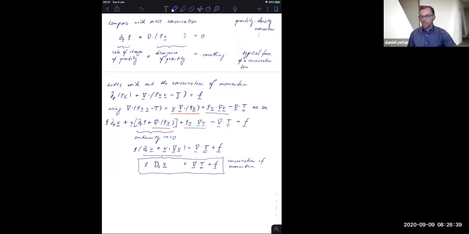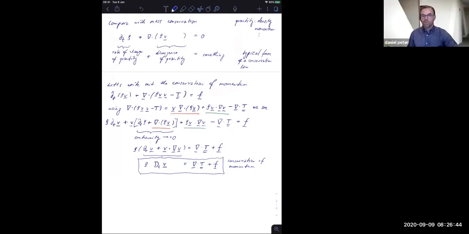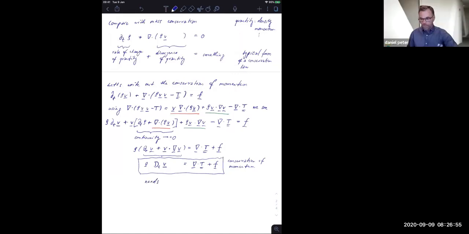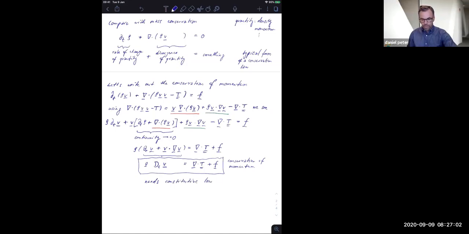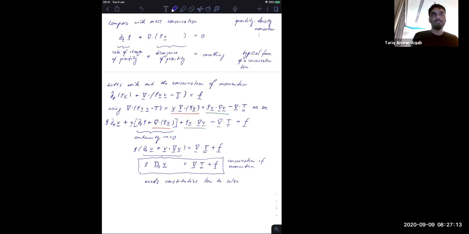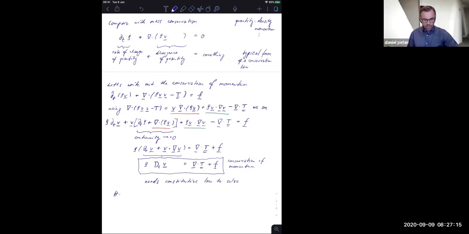So what we do is basically we link the stress to the displacement, which is linked to the velocity. So this equation needs a constitutive law to solve. And what's the constitutive law here that links stress to displacement? That's basically Hooke's law.